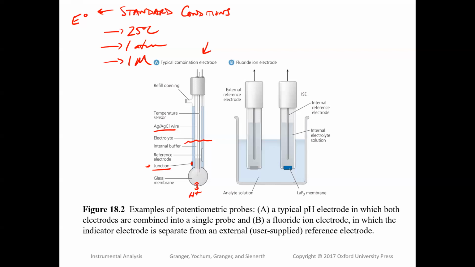And that is 25 degrees C. There are some nice pH probes that actually take into account temperature difference, so that you can measure this really accurately. But a lot of them just say that it's either 20 or 25 degrees C, depending on the probe. A lot of our glassware and stuff is calibrated to 20 degrees C. And so that's what a lot of stuff is done, even though it's not technically standard.